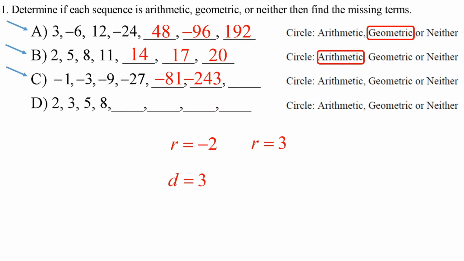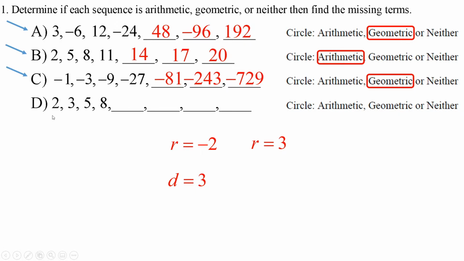And then if I take that number and multiply by +3 again, my common ratio, I get -729. So again, when they get a little rough, just break out your calculator. It's okay. So this one, C, again has a common ratio. And if I have a common ratio, I am geometric.